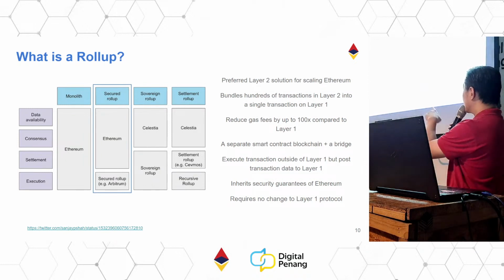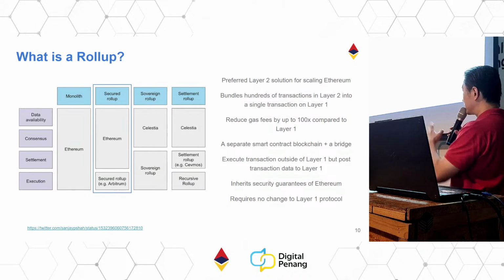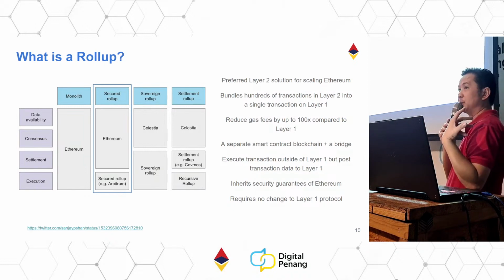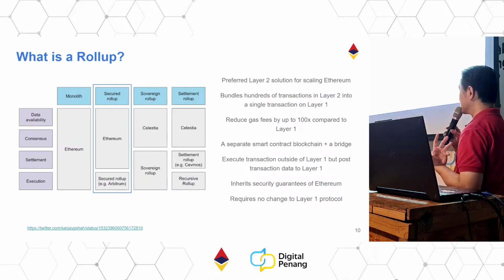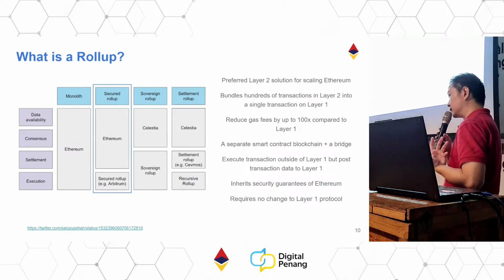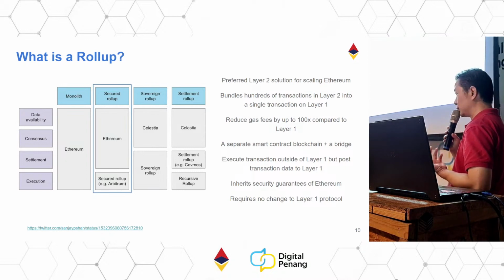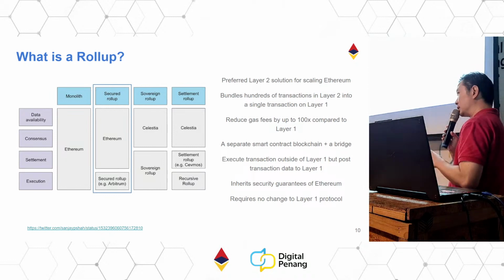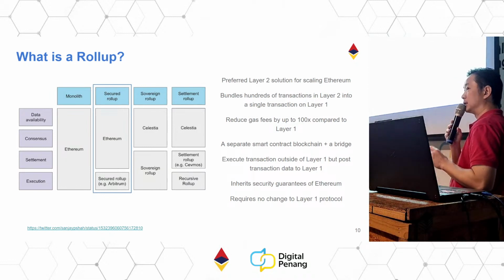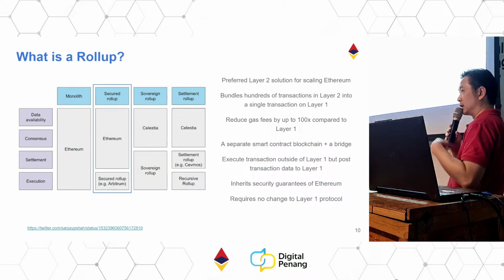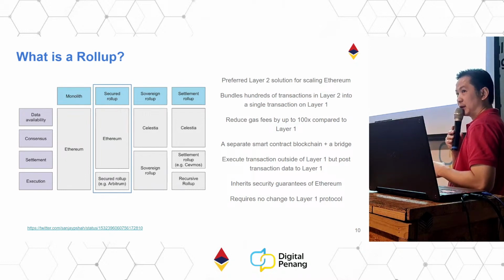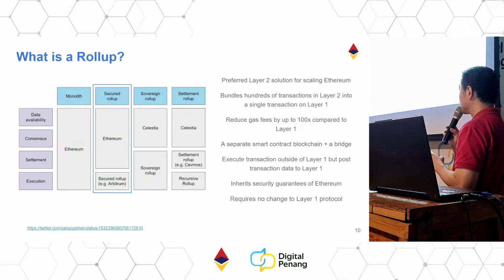But for rollups, we separate the execution out from the main chain. Why do we separate the execution? Because execution is the slowest. Every single full node that secures Ethereum has to execute every single transaction and update its own state, and every single execution takes time.